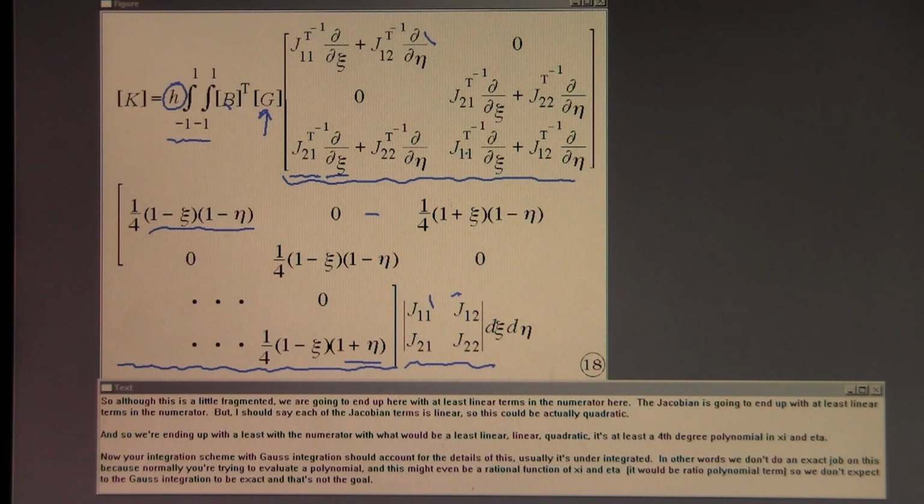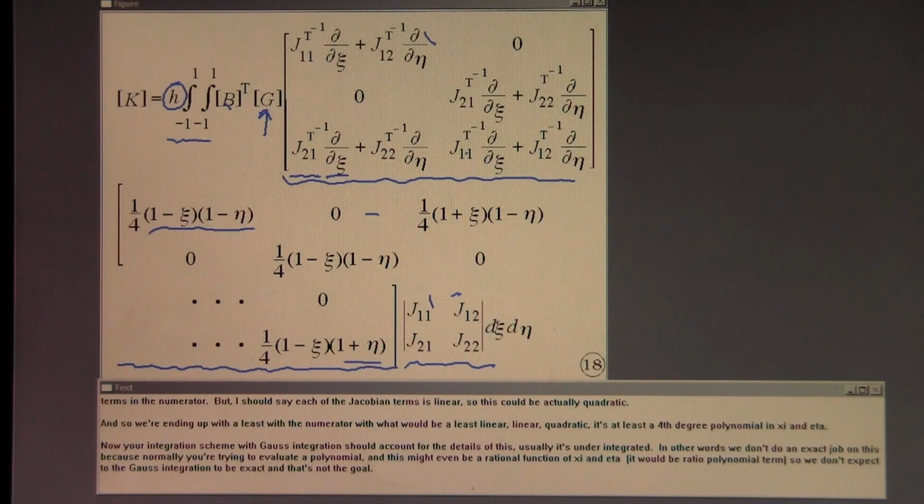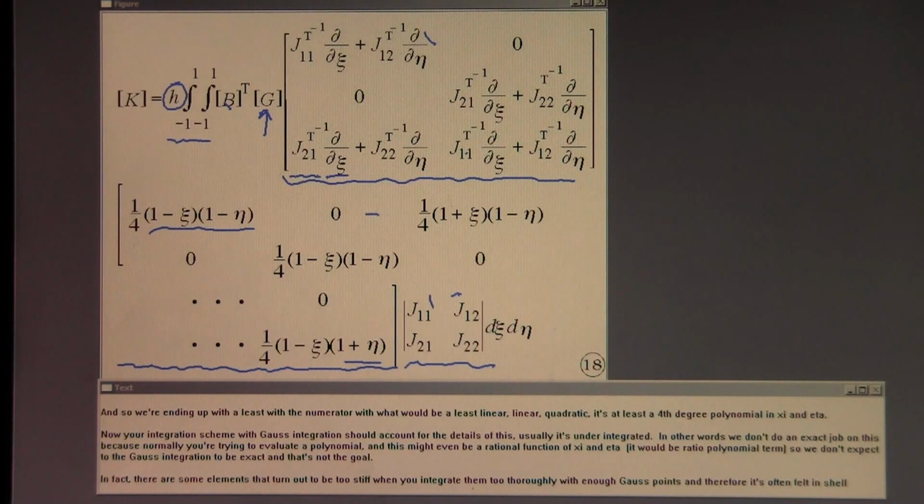Now your integration scheme with Gauss integration should account for the details of this. Usually it's under-integrated. In other words, we don't do an exact job on this because normally you're trying to evaluate a polynomial, and this might even be a rational function of Xi and eta. It would be a ratio of polynomial terms.